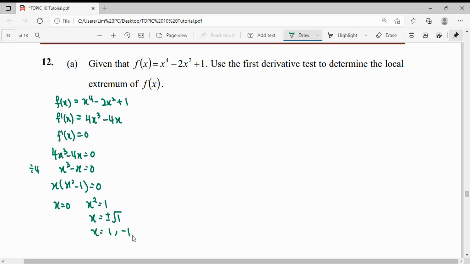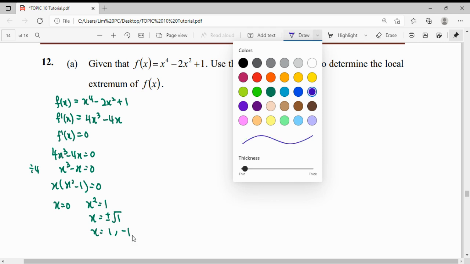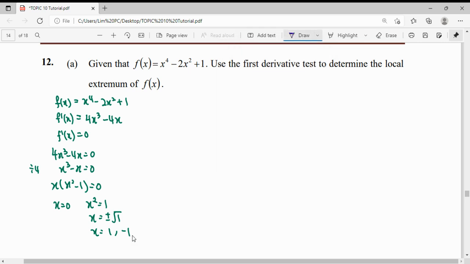In order to find the y coordinate, we substitute x into the function. When x equals 0, y equals 1, so our first stationary point is (0, 1).